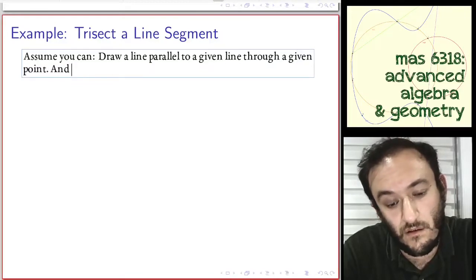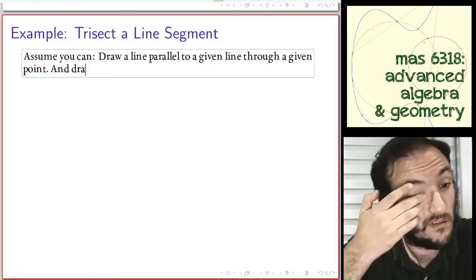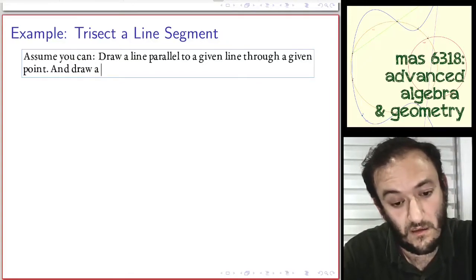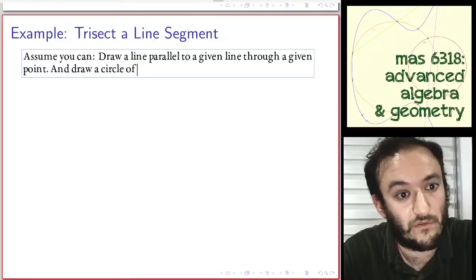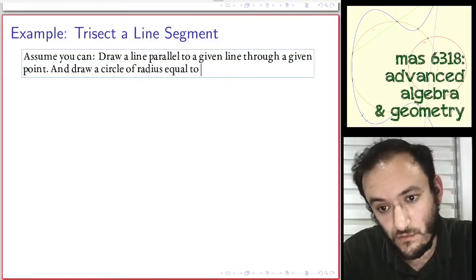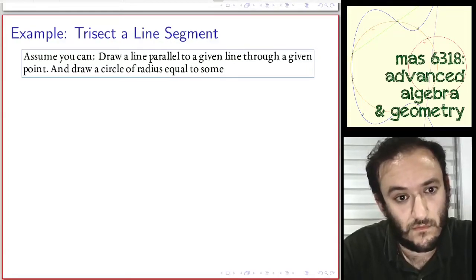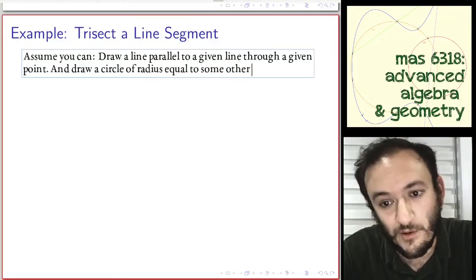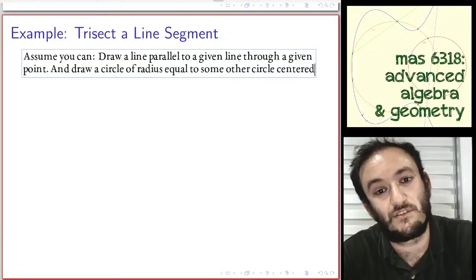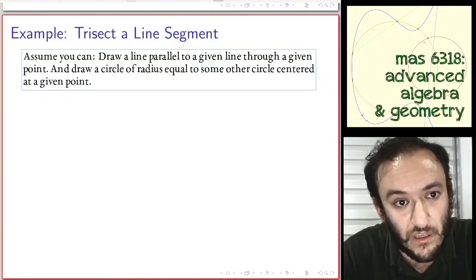And second, draw a circle of radius equal to some other circle, centered at a given point. Okay, so those are two things I'm going to assume we can do.